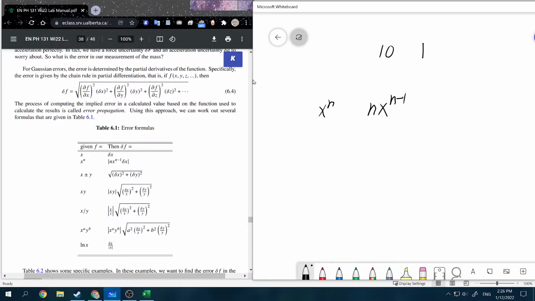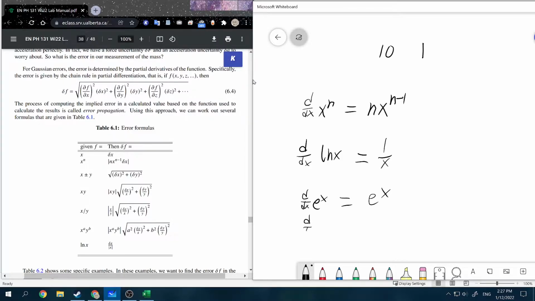And for log x, it's 1 over x. And then e to the x, things like this, you should know.